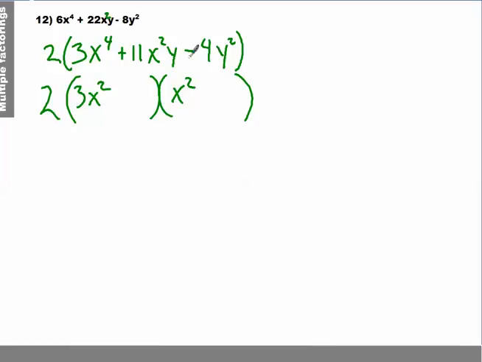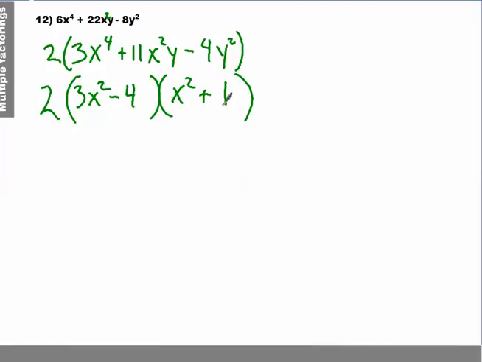Well, we know we're going to have 1 positive and 1 negative. So I'm just going to put the negative here. That means this will have to be positive. And what are some possible factors of 4? 4 and 1. Good job, River. 4 and 1. So we have 4 and 1.